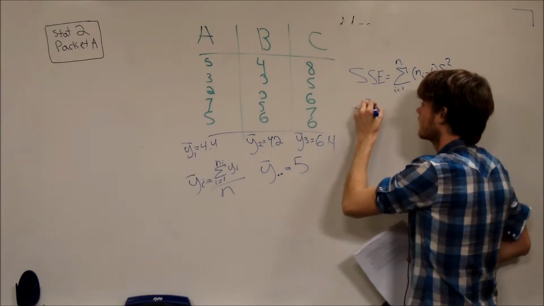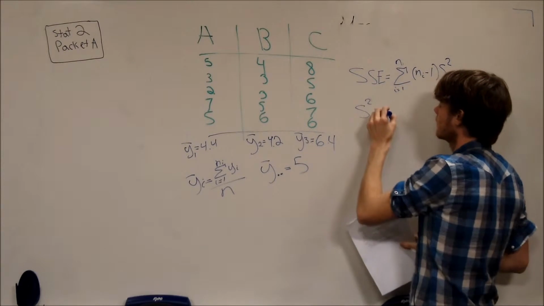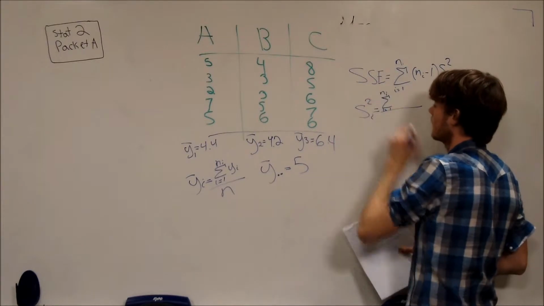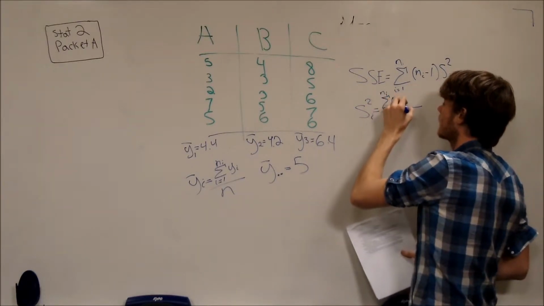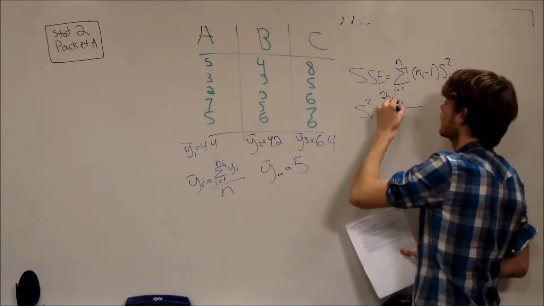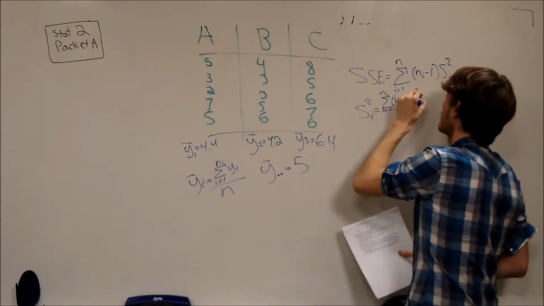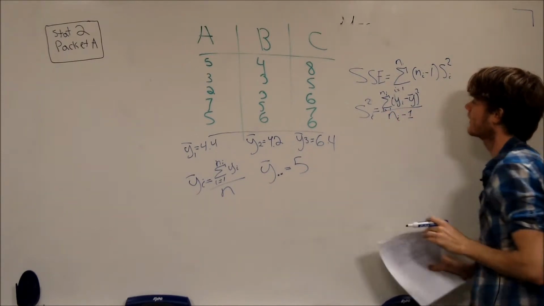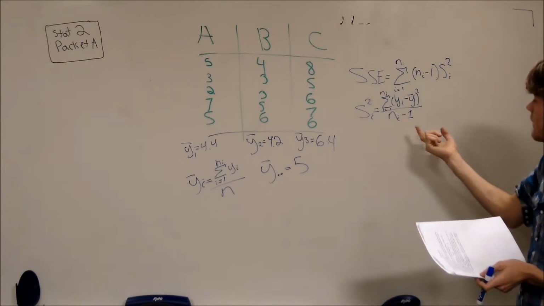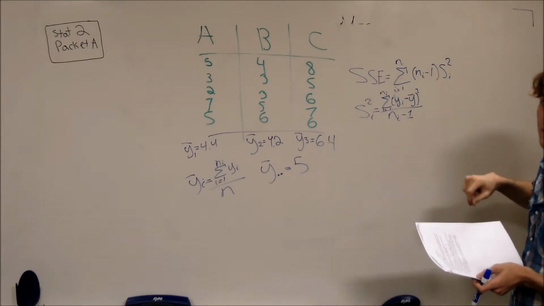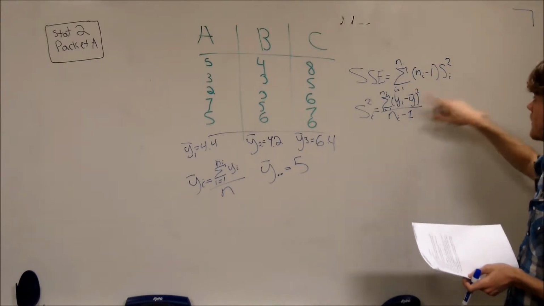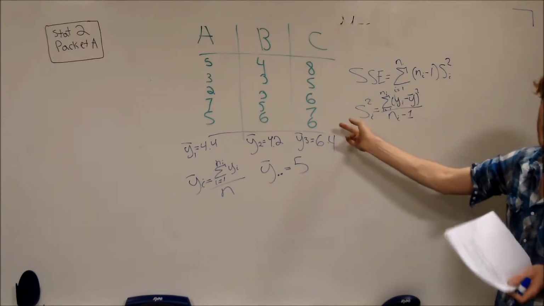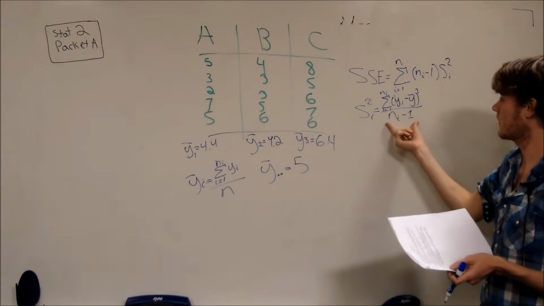Well, s_i squared equals the sum from j equals 1 to n_i of (y_ij minus y bar_i) squared, all divided by n_i minus 1. So you do this for all 3 of them, and then for each s_i squared, you multiply by n_i minus 1 and add them up. So you're going to have 3 terms in this, and 5 terms in each s_i squared.